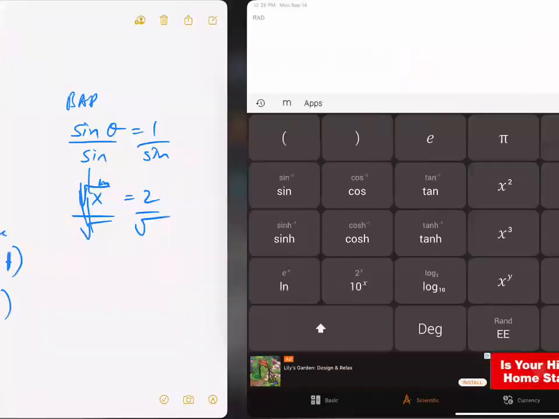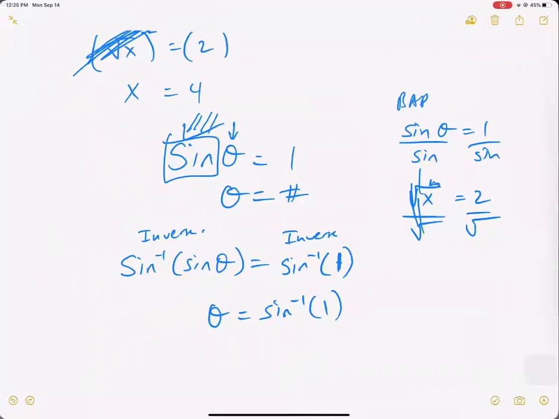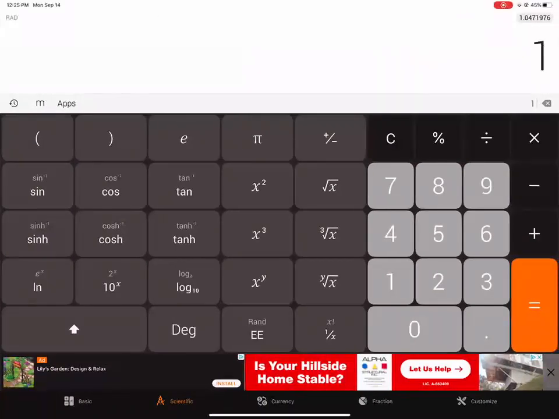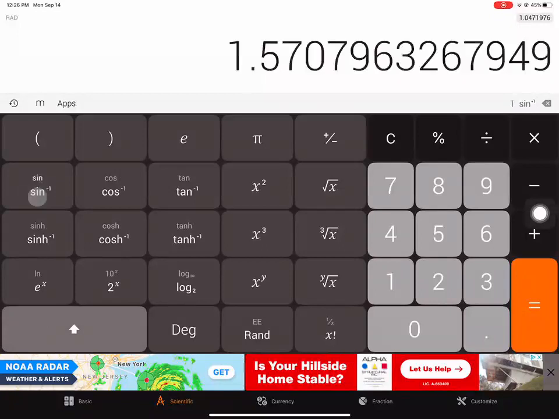We want to take the sine inverse of 1, so we type in 1 first. And if you can see here, in the upper left-hand corner, we have our sine inverse. But to get to it, I have to hit shift. Now I can hit sine inverse. And it gave me 1.57.